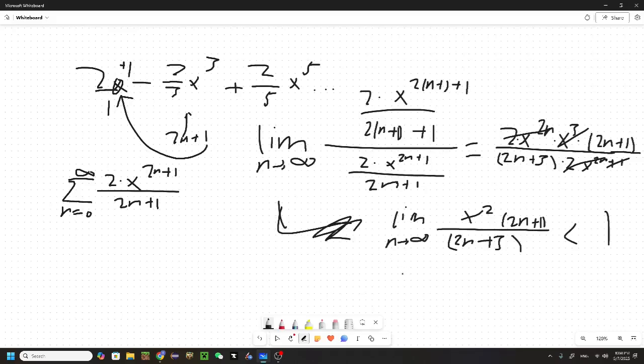So let's quickly do that. Let's write the left side here: x squared less than the limit as n goes to infinity, and I think the fraction was, so this should go on top, 2n plus 3, and 2n plus 1 in the denominator.